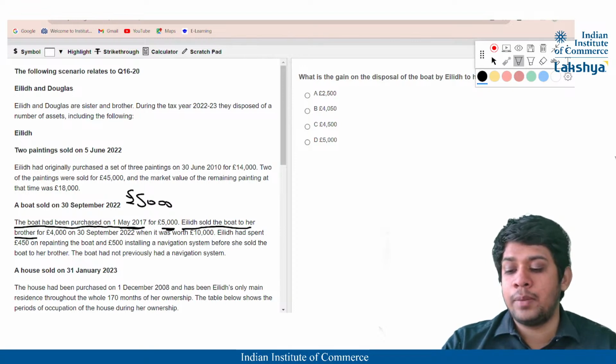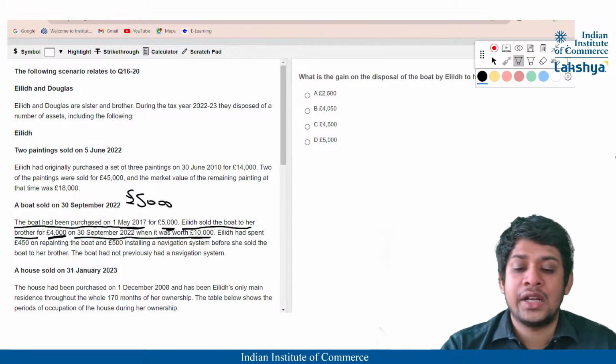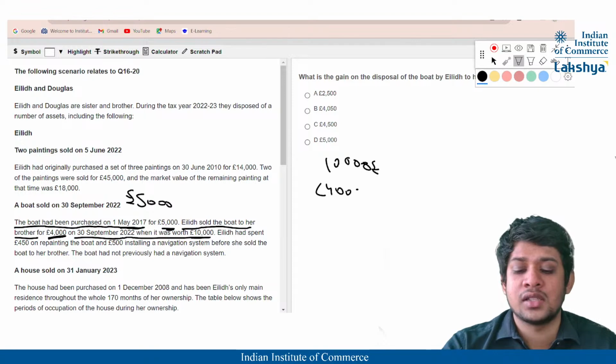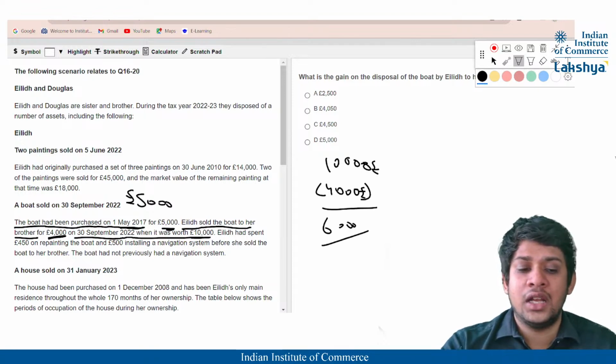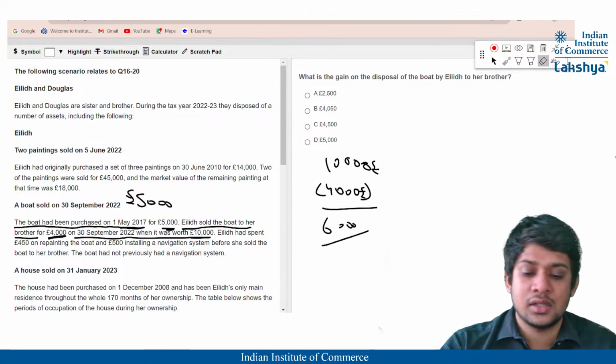Elidith sold the boat to her brother for £4,000 on 30th September 2022 when it was worth £10,000. So technically the market value of that boat was £10,000, but Elidith sold it to her brother, so she would charge him less. She sold it to him for £4,000, so technically she has charged 6,000 less.